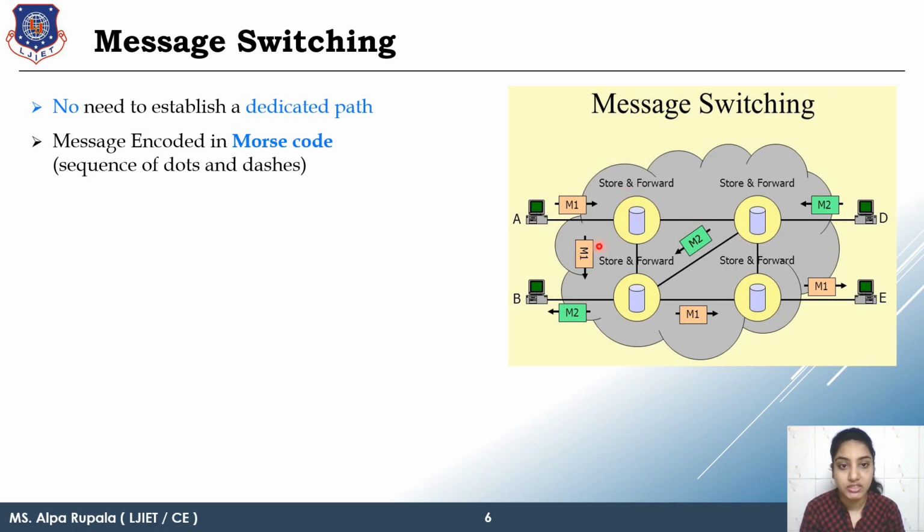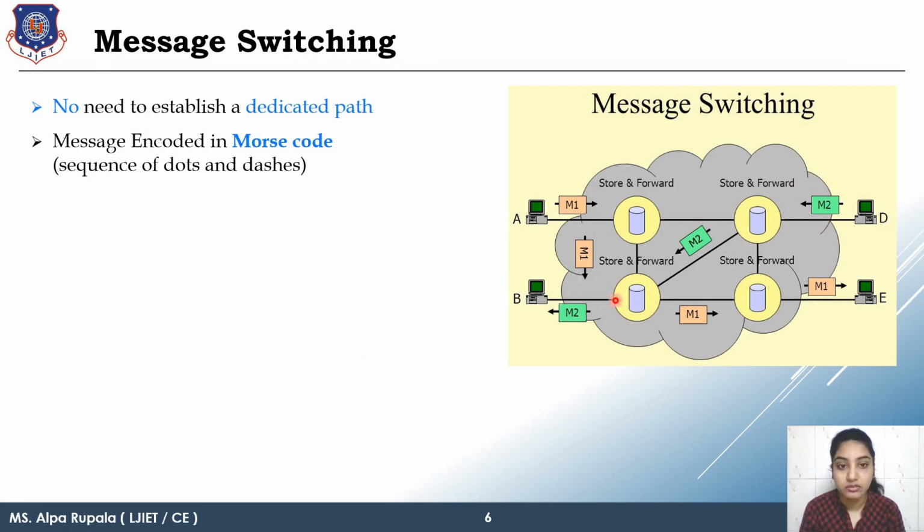Suppose your user A wants to send data to user E, and at the same time user D wants to send data to user B. From A to E the message is known as M1, and from D to B the message is known as M2.